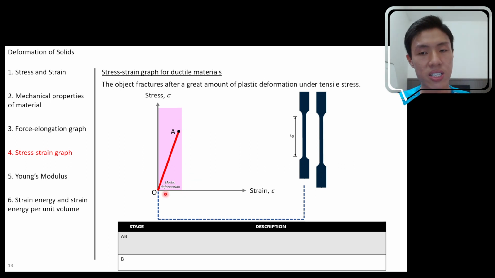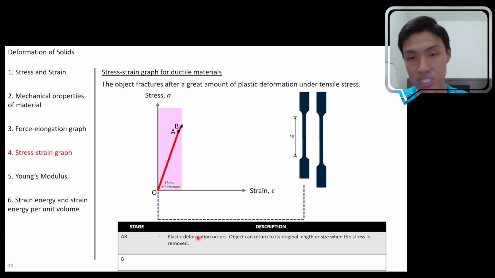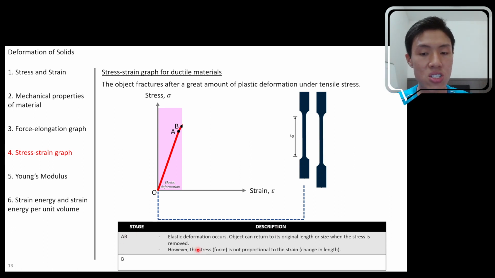Okay, so that's what's going to happen in stage AB. So for stage AB, elastic deformation still occurs. It's the same as stage OA just now. It's still elastic deformation. If you release the stress, the object can return to its original length. But what's different between OA and AB right now? In AB, the stress is no longer proportional to the strain.